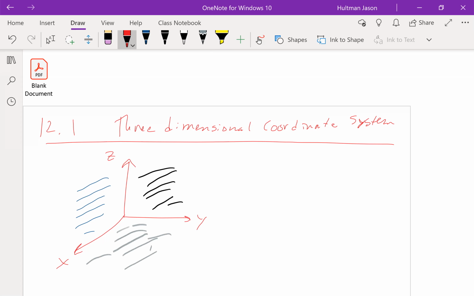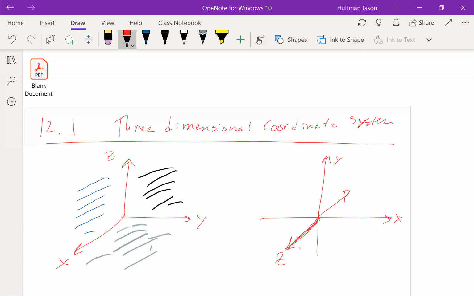There is another way to write this coordinate system, and that is using your traditional X, Y Cartesian coordinate system, but then having Z come out at you. So you'd have your traditional X, Y, Z, but Z would be coming out at you here.